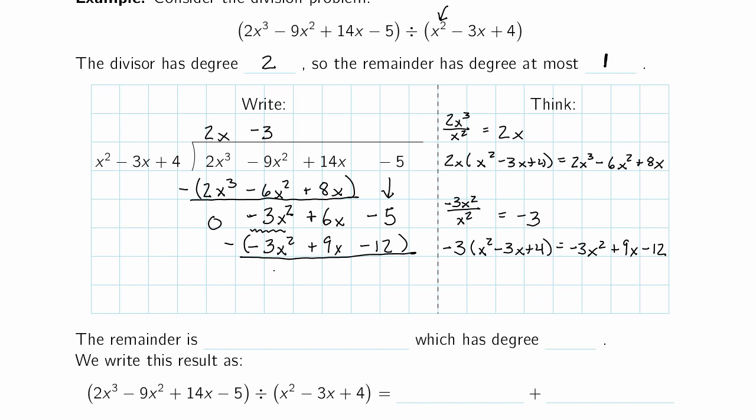Negative 3 minus negative 3 is 0. 6 minus 9 is negative 3, so we have a negative 3x. Negative 5 minus negative 12 is positive 7. So we have a remainder of negative 3x plus 7. The remainder is negative 3x plus 7. That's linear, so it has degree 1.